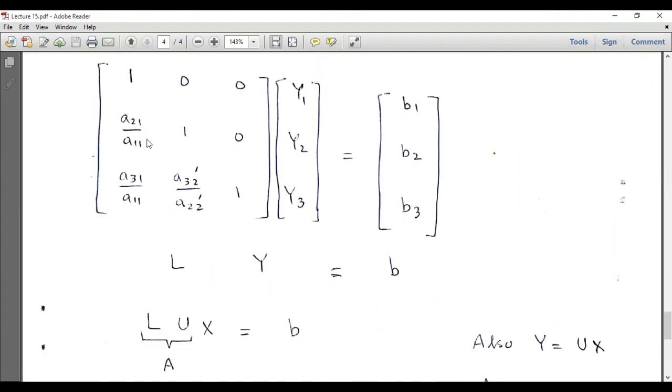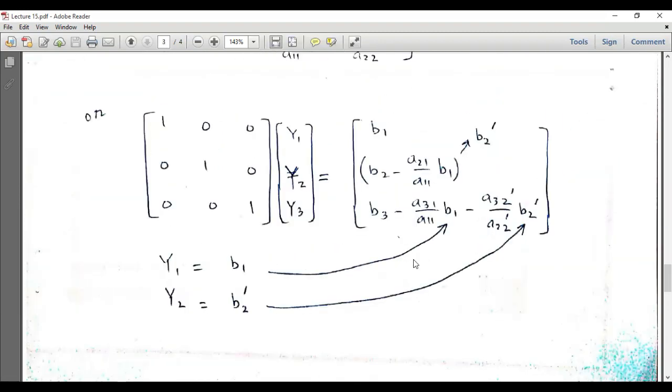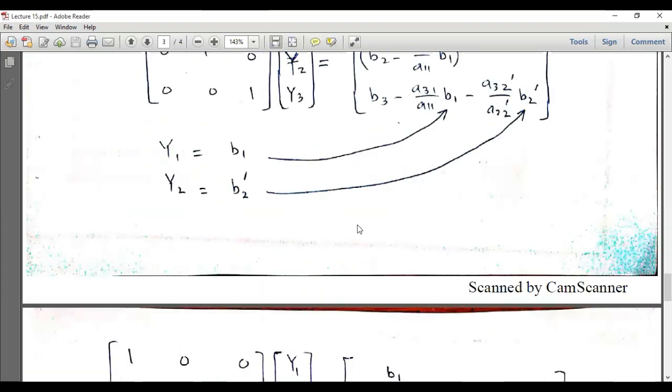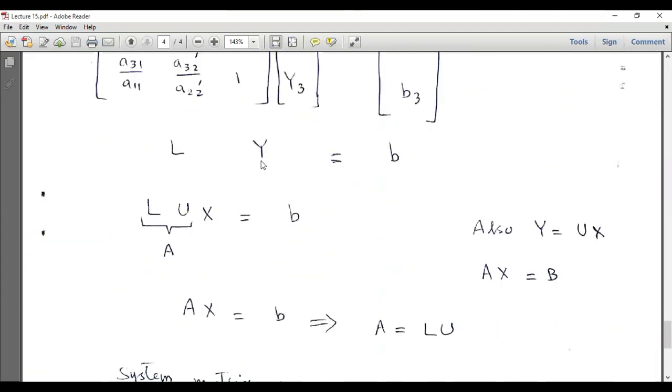So now this is my lower triangular matrix. This is my Y column vector and this is my B column vector. So Ly is equal to b, and from the first equation, y is equal to Ux. So I can substitute y equal to Ux over here. So it will become LUx equal to b, and we also know that Ax is equal to b. So by comparing these two equations, A is equal to LU.